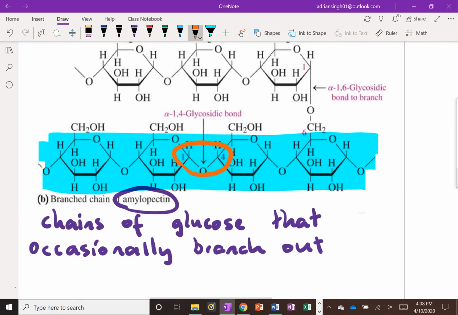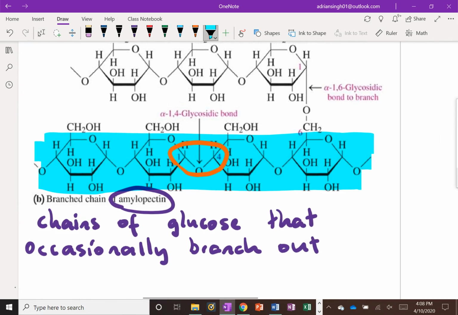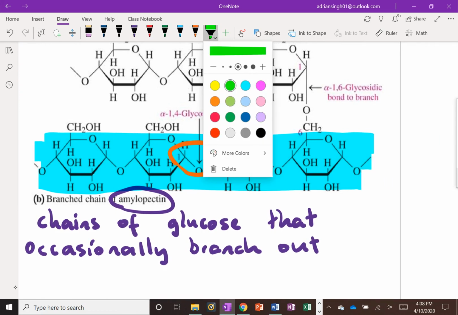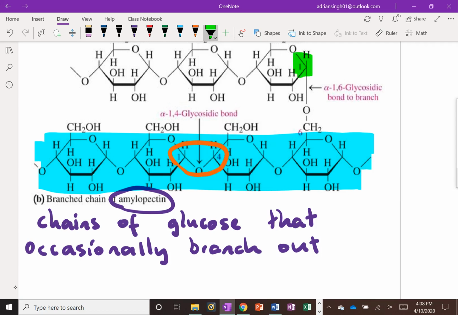And occasionally you're going to have these branches that branch off of the chain, and those branches connect another chain with the first chain by an alpha 1,6 glycosidic bond, right? And it's alpha 1,6 because we're connecting carbon 1 to carbon 6 of the other, and it's alpha because all that your polymer is made up of are these alpha D glucoses, right?